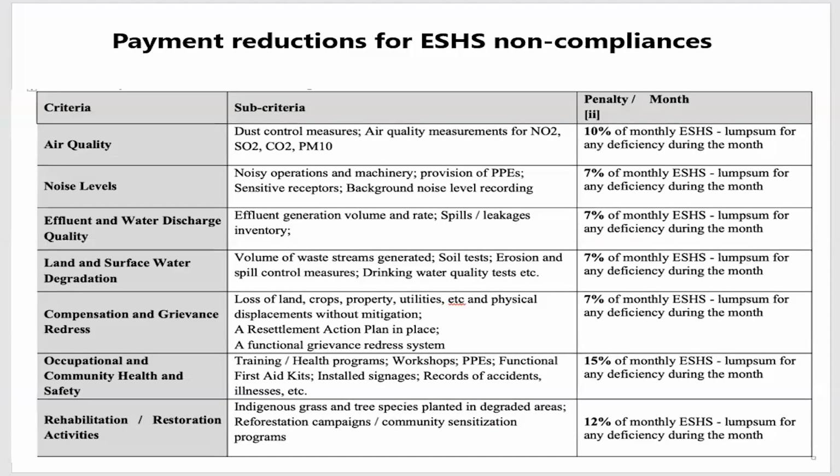The environmental, social, and health compliance indicators: for the first time, we are checking for air quality, noise level, effluent and waste discharge in the communities, land and surface water degradation, compensation and grievance redress, occupational and community health, and then rehabilitation and restoration activities.